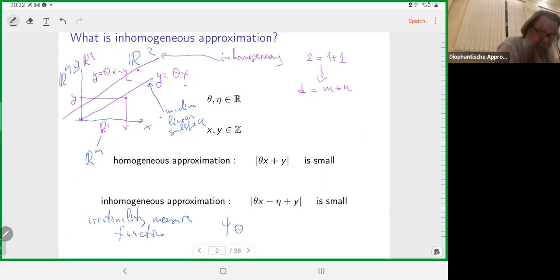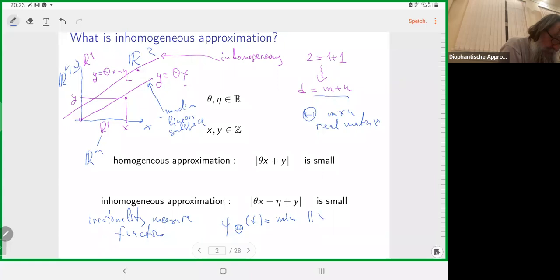Here theta may be a number or a matrix. When d equals m plus n, theta is an m times n real matrix. The irrationality measure function takes care of the best approximations.